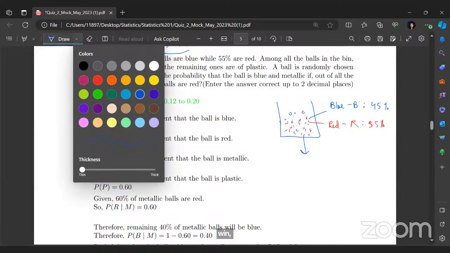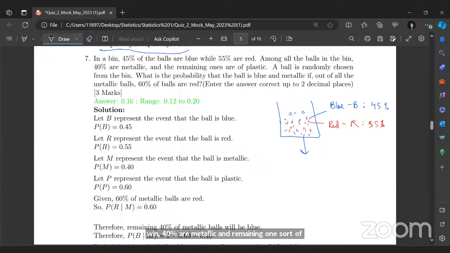So let's denote all the metallic balls as M, and there are 40%. And plastic is 60%. Let's denote it as P, and they are 60%.